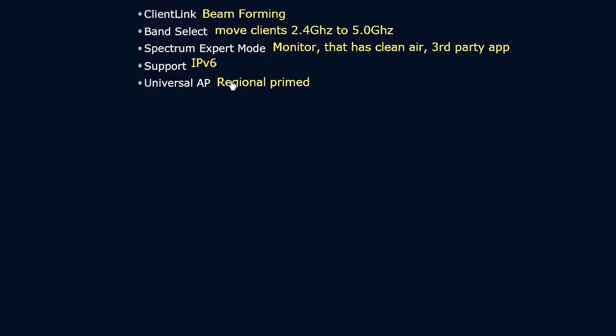So when we have an AP, we oftentimes want to prime the AP, whether through a manual or automatic process, to the region in which it resides, the geographic location of that AP. Is it in Japan? It needs to adhere to Japan's wireless regulation. Is it in the United States? It needs to adhere to the United States regulatory bodies. In universal AP mode, it is universally acceptable, but you definitely want to prime it to your location.